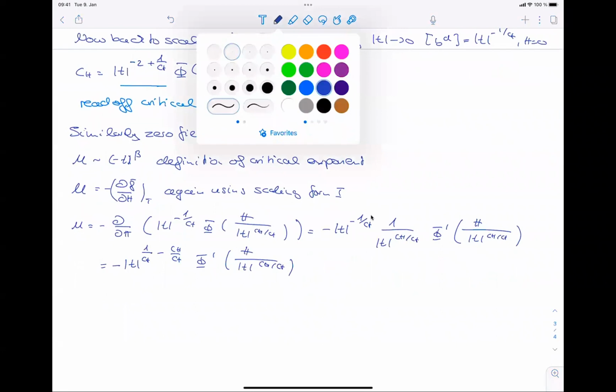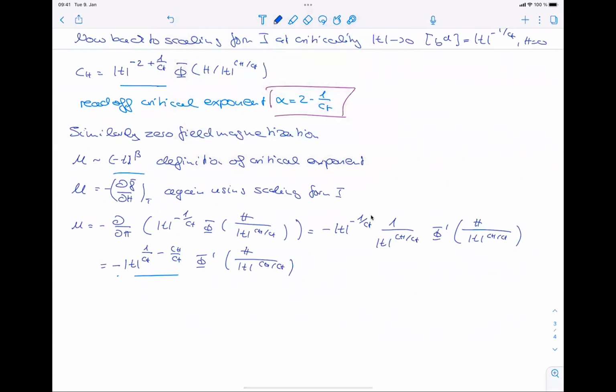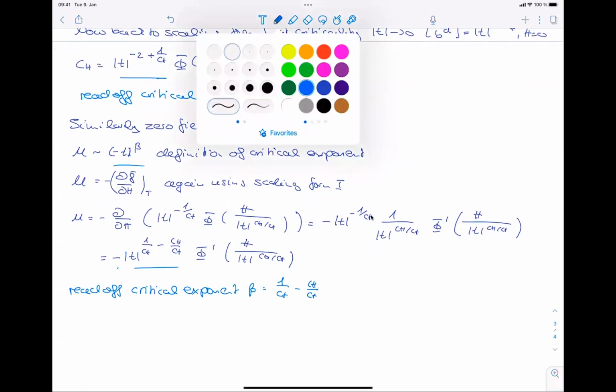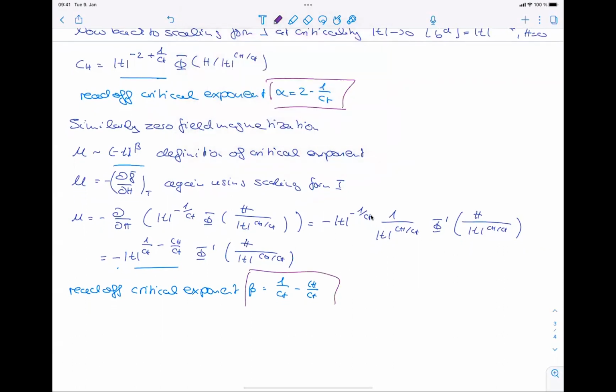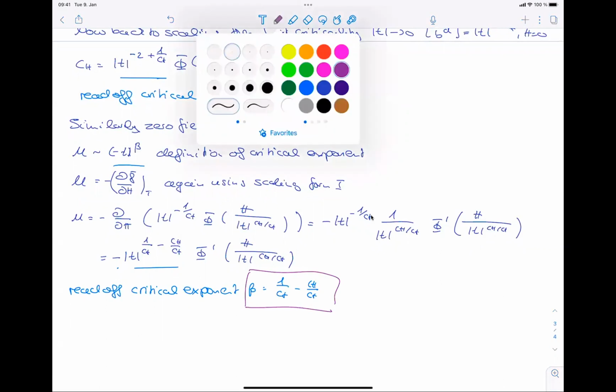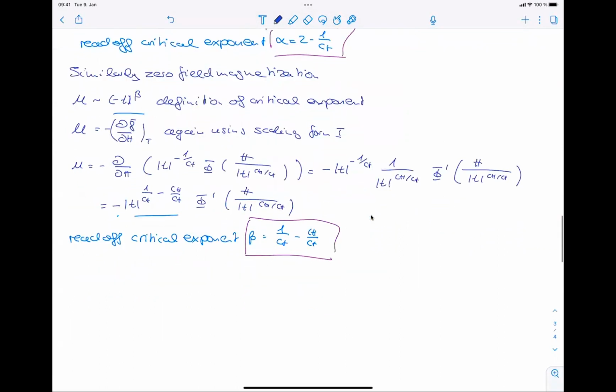And so again, by comparison, we read off the critical exponent. Let's keep it for later. Still have a few more to go.